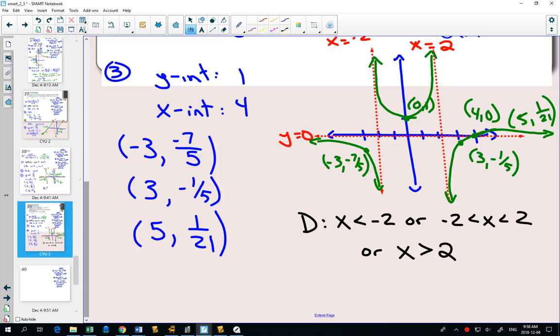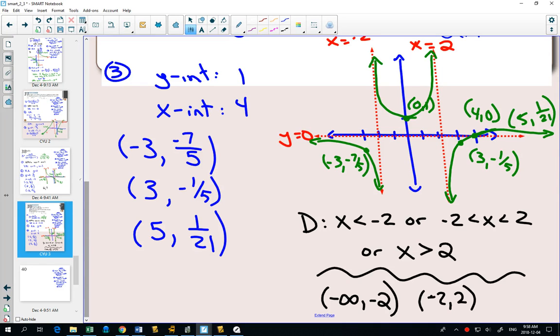You could say the same thing in interval notation. In interval notation, you would start at negative infinity and go to negative 2, round bracket because it's not included. Then you would have from negative 2 to 2, round brackets. And then finally, you'd start at 2 and go to infinity. And instead of writing the word or in between, in interval notation, you put these big U's. So that would mean the same thing.